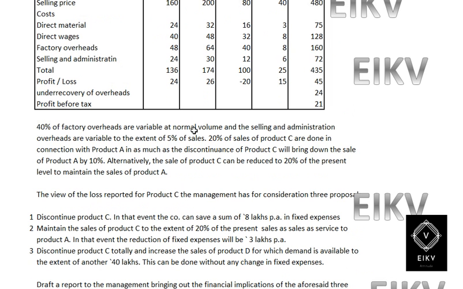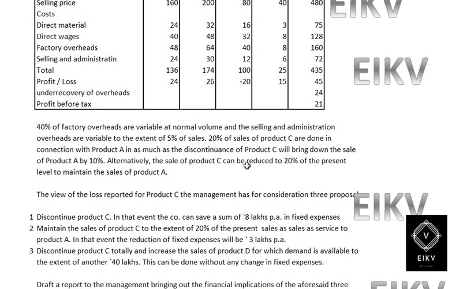40% of the factory overheads are variable at a normal volume, and the selling and distribution overheads are variable to the extent of 5% of sales. 20% of the product C sales are done in connection with product A. Inasmuch as the discontinuance of product C will bring down the sales of A by 10%.